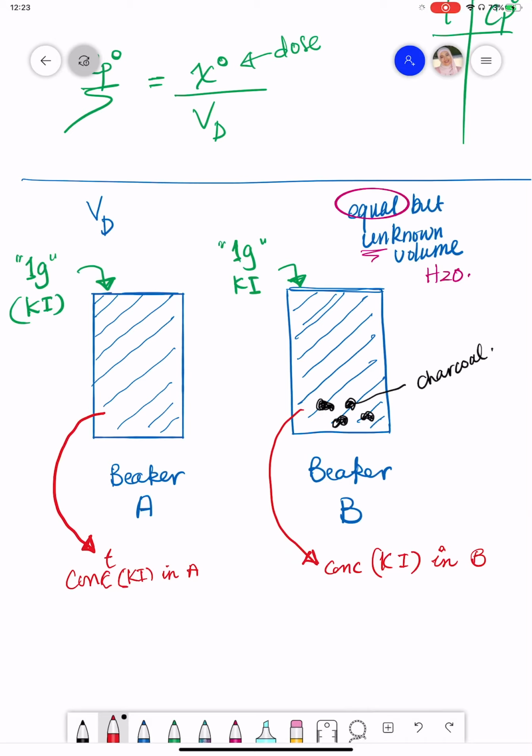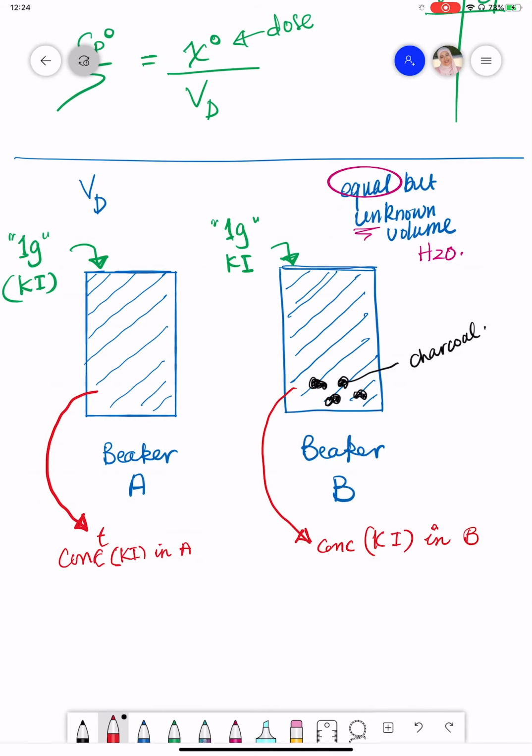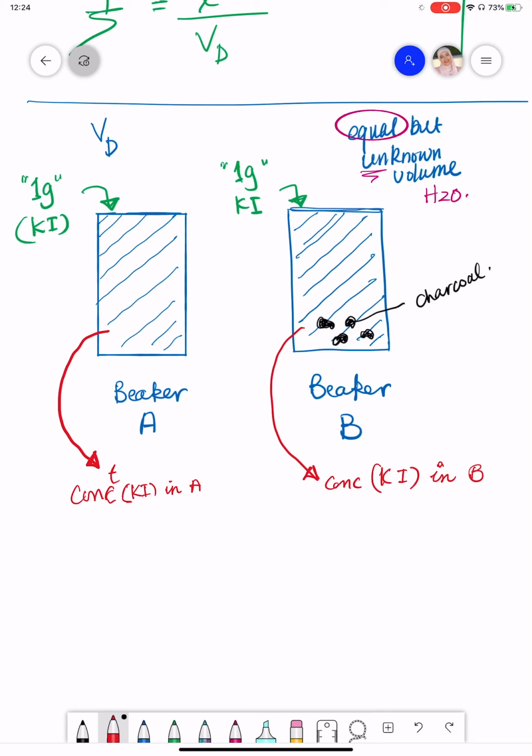When we measured the concentration, first of all, we know for sure that concentration equals amount over volume. By the way, this is a common sense example.